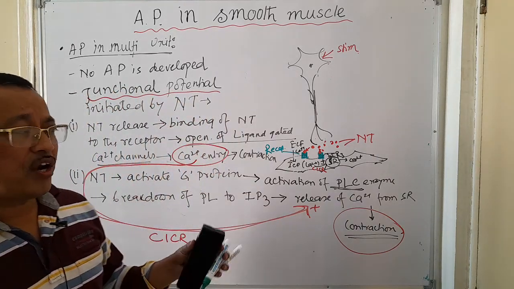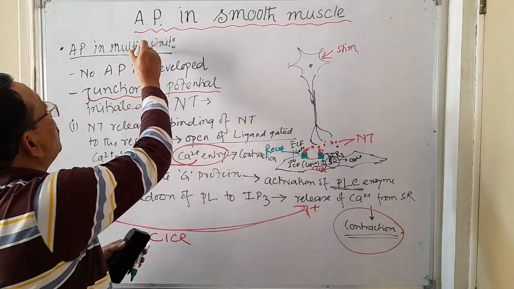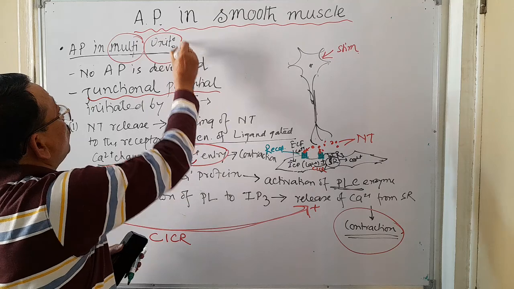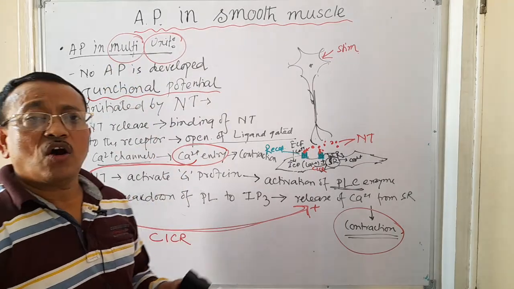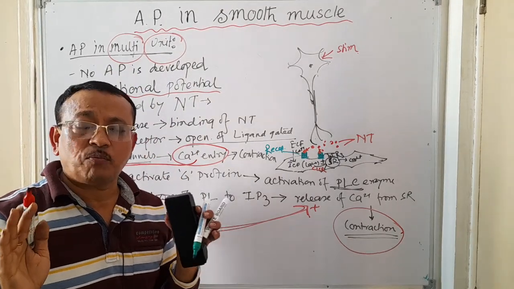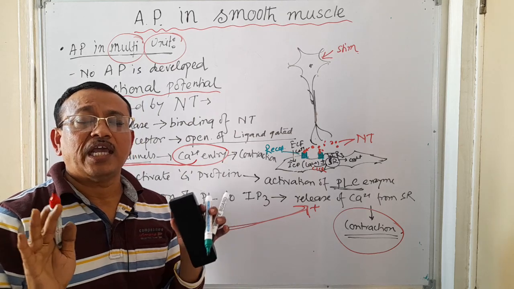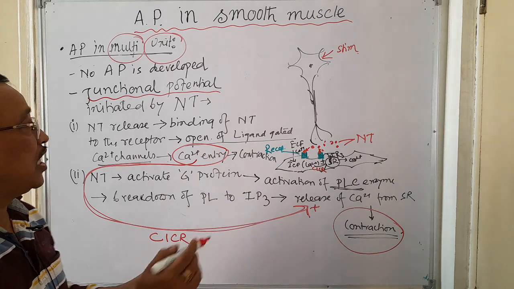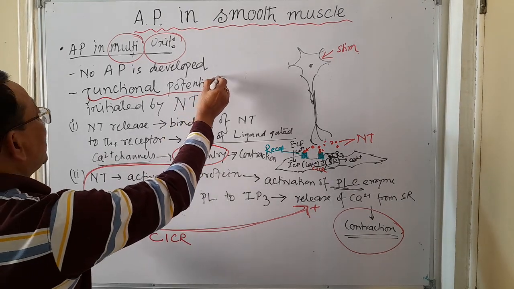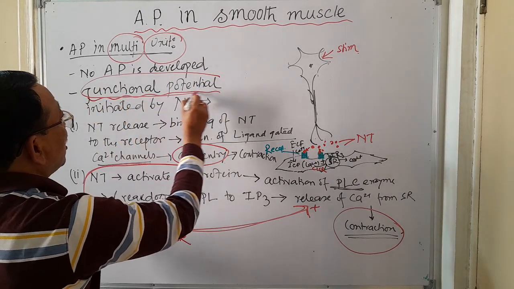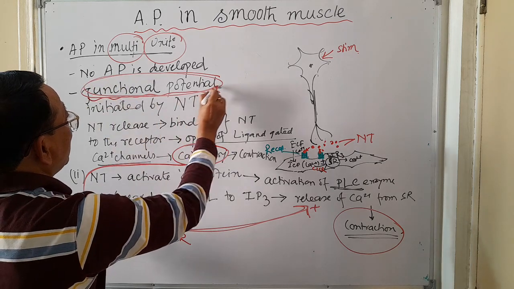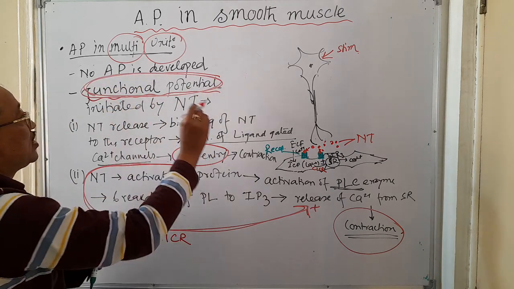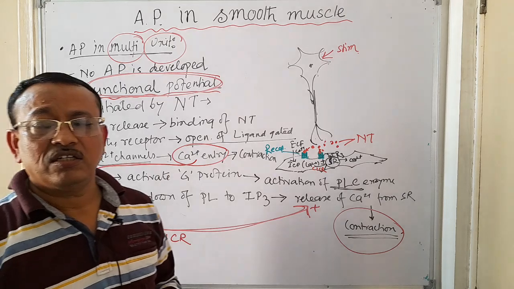So contractions of the multi-unit smooth muscle are taking place without developing any action potential, rather there is a change of the membrane potential. That event is known as the junctional potential.